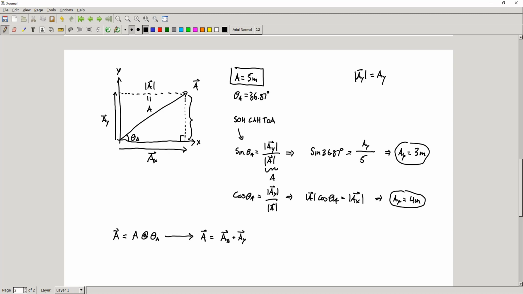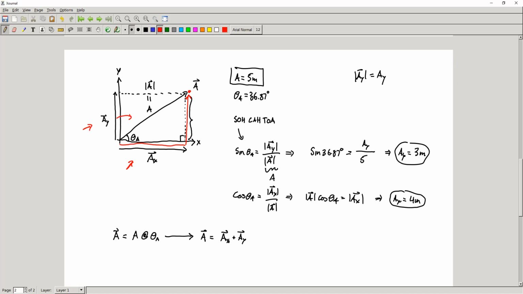And we can see that this is true because if we were to come back up to here, and I'm going to change colors, if we took this ax and this ay and we added them tail to head, we could first follow along the ax vector to here, and if we slid this ay over, we would see that the ay adds up in this way and brings us right back to the point that our original vector A was indicating to us, right?